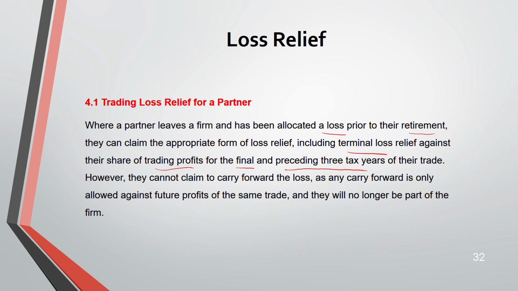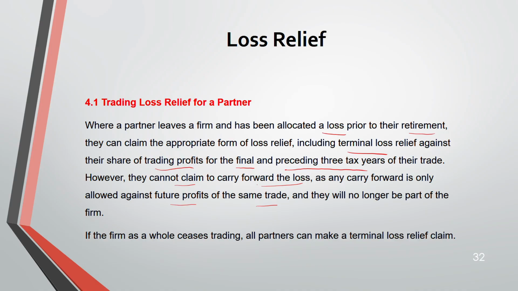But they cannot carry forward the loss. Why? Any carry forward is only against future profit of the same trade, but that person will no longer be part of the firm. So if a partner retires, he can't carry forward his loss against trading profit.